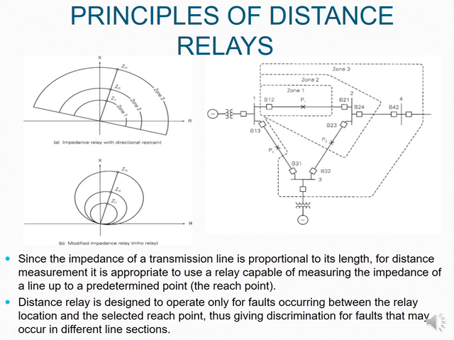It would have its zone 2 at what I call 120% of that initial line. So it's that impedance or distance. And then the zone 3 is what you would have as the rest of the system.